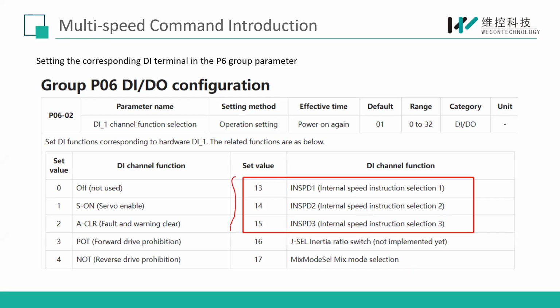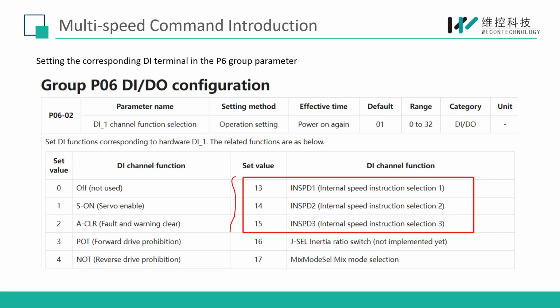After the configuration, the state of the 3 DI terminals changes across 8 different combinations, corresponding to the 8 speed segments.